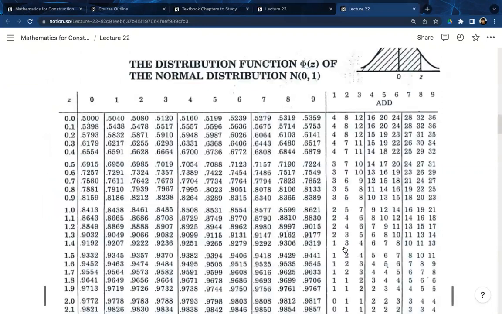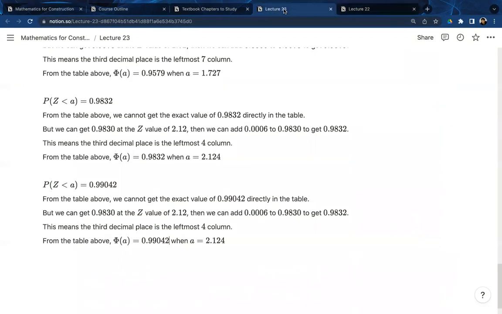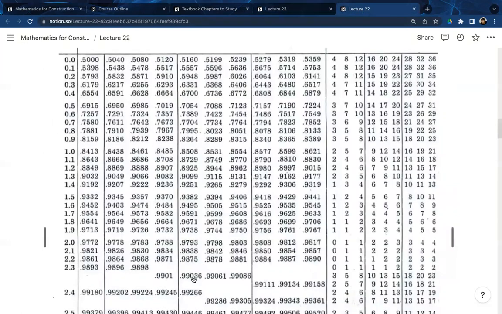Let's look here and see that. 99036, right? I need 99042. So 36. And how much could give 42? 36 and 4 is 40.